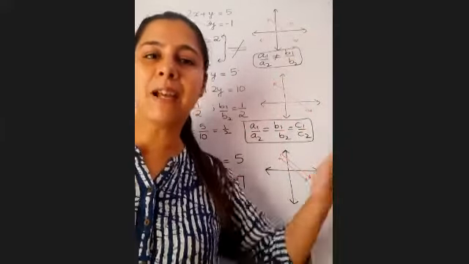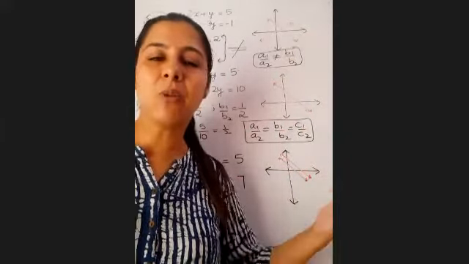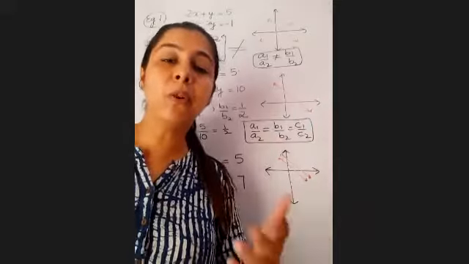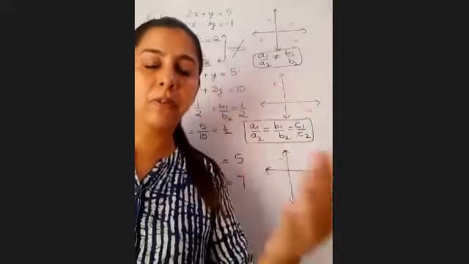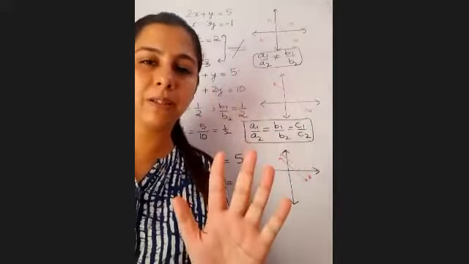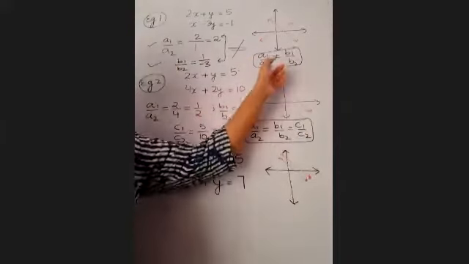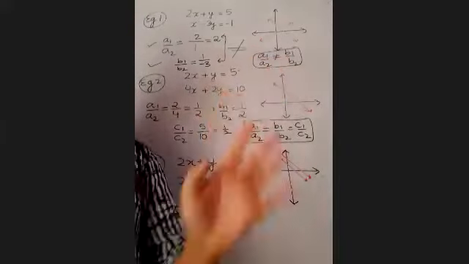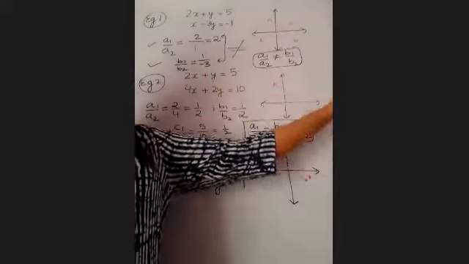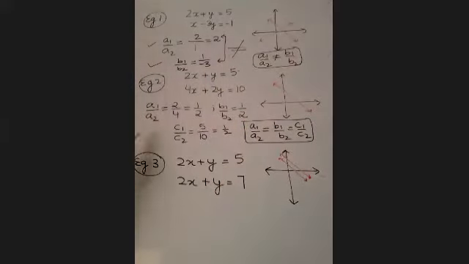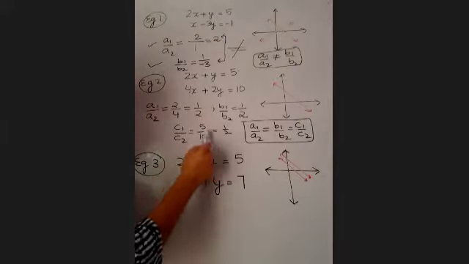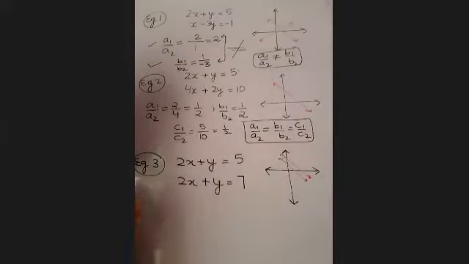Because as long as your qualities, your hobbies, habits keep matching, you will say that yes, we are alike. But the moment you find one non-similar thing, you will stop the list. So here in the first step itself, we found not equal, so we are not bothered about c1, c2. And here we found a1 by a2 was equal to b1 by b2, so we went further and checked for c1, c2, and all three are equal.